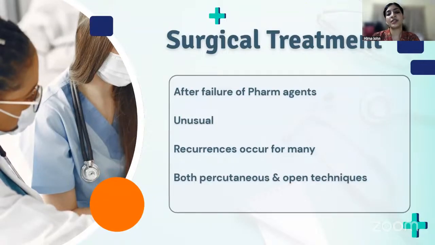Now, if the patient does not respond to your medical management, or the patient was responding for quite some time and then started developing resistance, or for some reason they're not responding to the medications, or in cases where surgical treatment is warranted, in those cases there is no other option but to turn to surgical management. There are various types of surgical management, both percutaneous and open techniques.